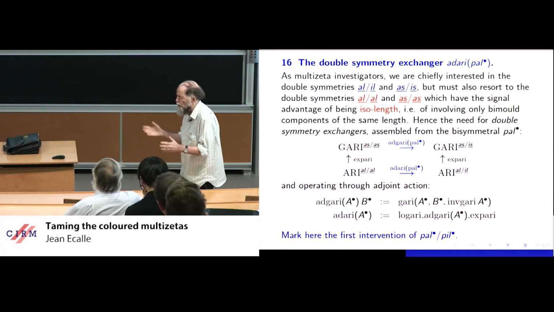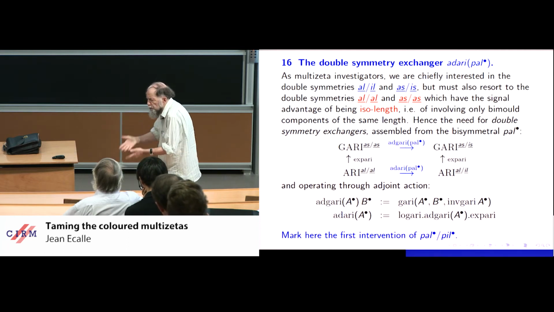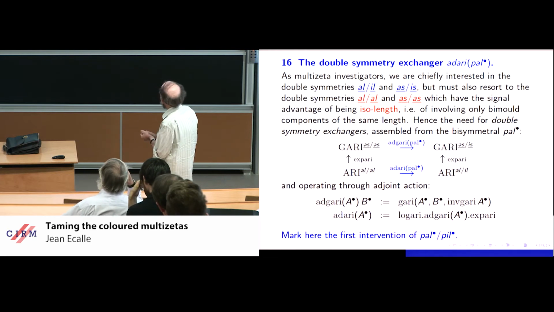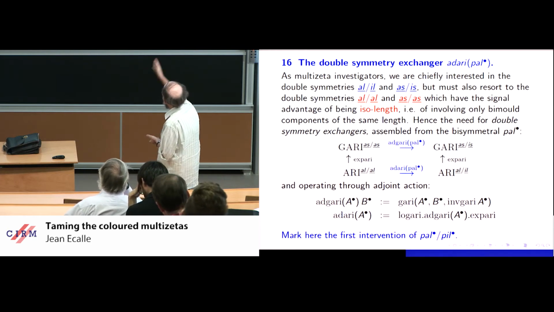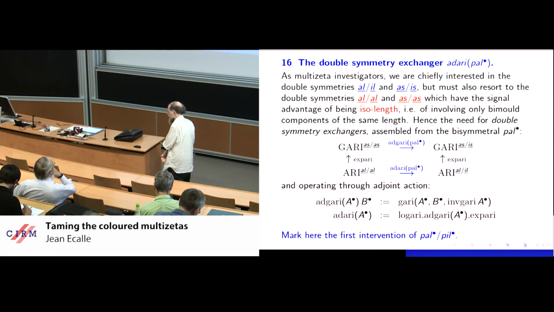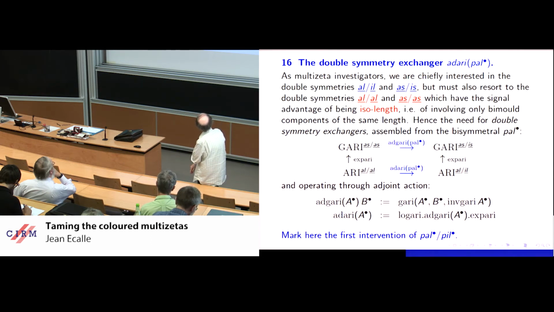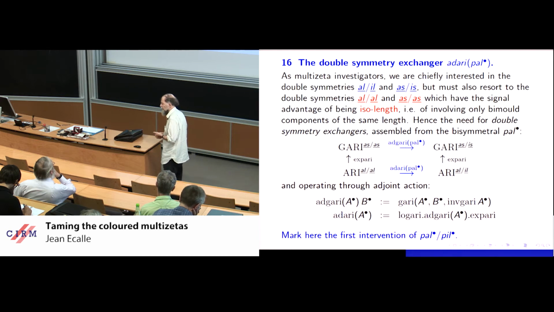So we have to shuttle from one to the other, and eventually, of course, revert to the as-is and al-il double symmetries. But the operators for doing that are precisely made from the PAL operator through its conjugate action.